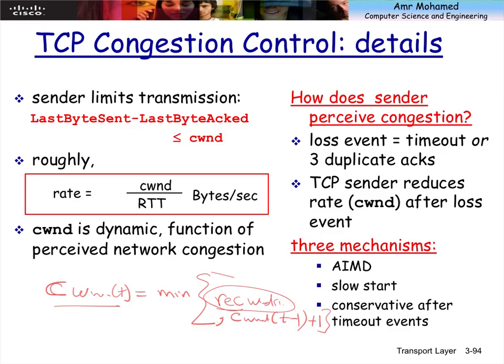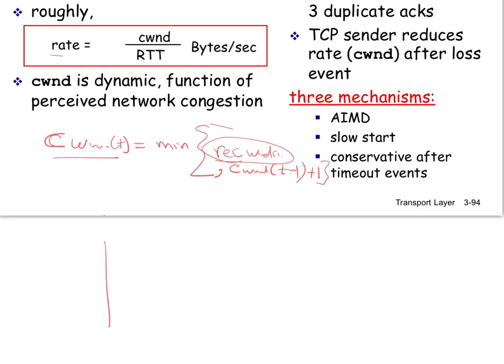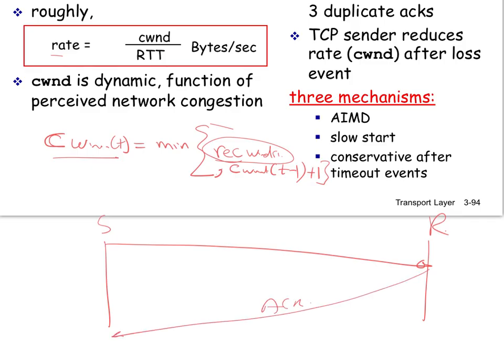Let's talk about the rate. How is this rate calculated? So this is the sender and this is the receiver. Assuming that initially I send 1 segment and wait for the acknowledgement, and assume the maximum segment size is 1.